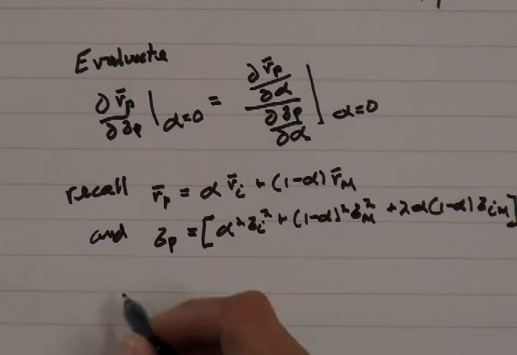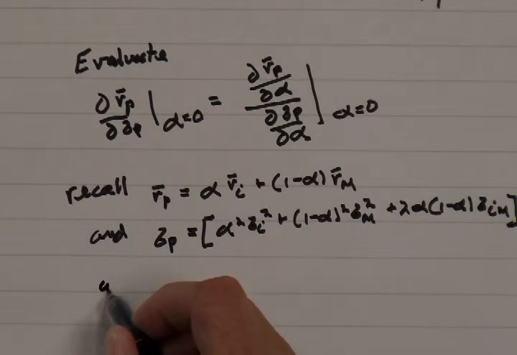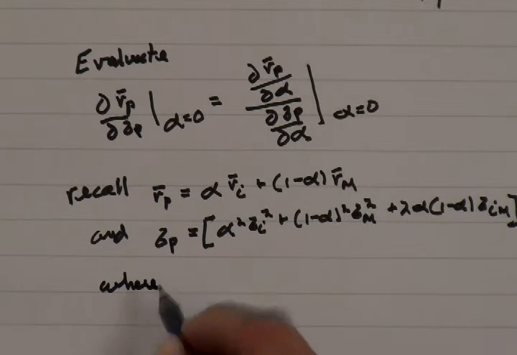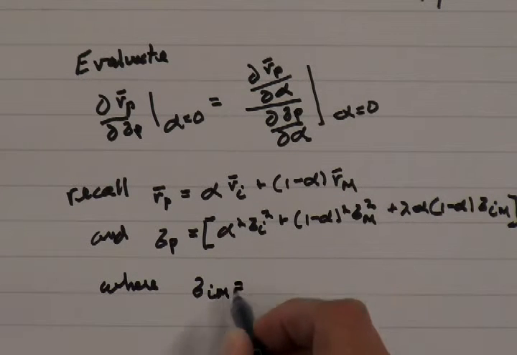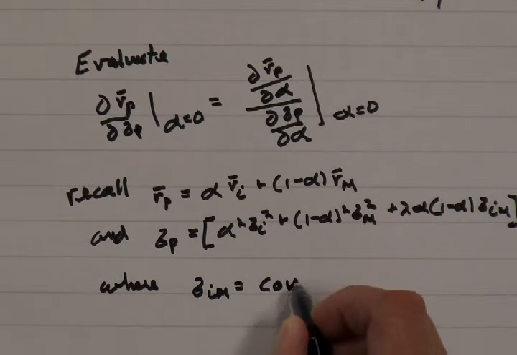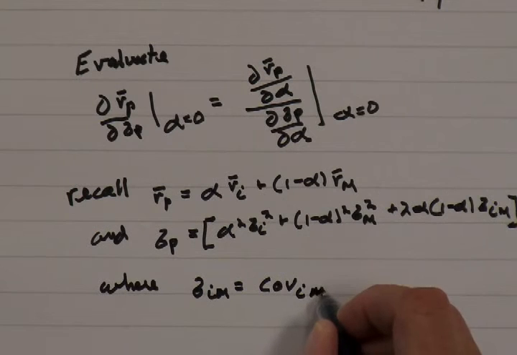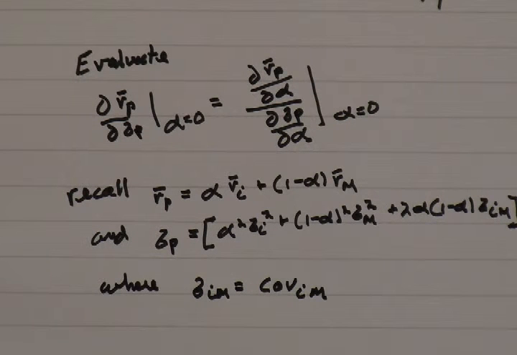Where sigma IM equals the covariance of asset I with the market portfolio. Okay.